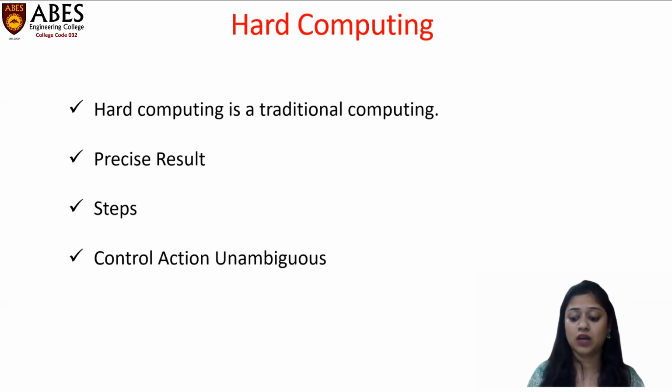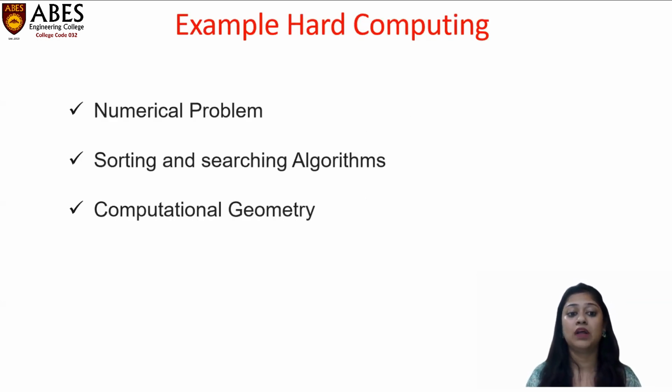If I'm talking about various examples, the first one is numerical problems, differentiation, integration. We have formulas, we have to put them in and find the answer. We have various sorting and searching algorithms. We have to sort, we have to search something. We have various algorithms, insertion sort, selection sort.